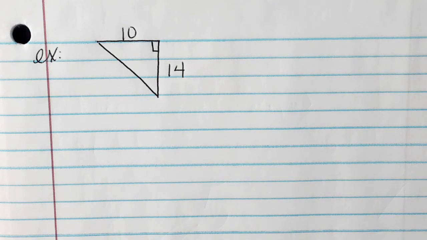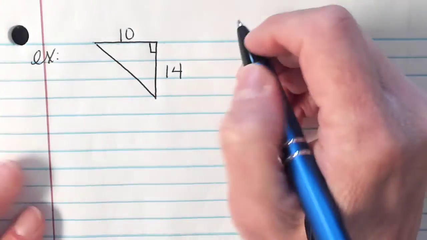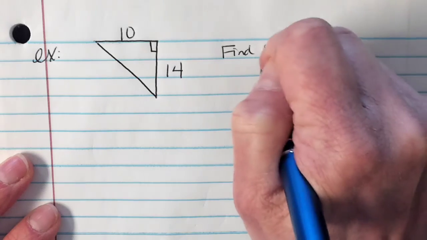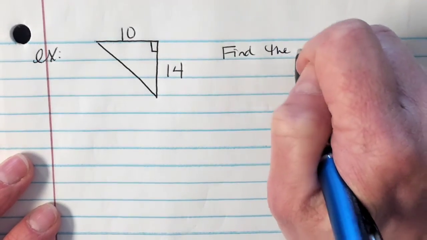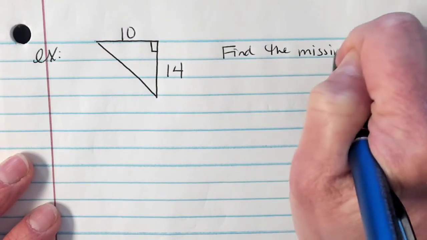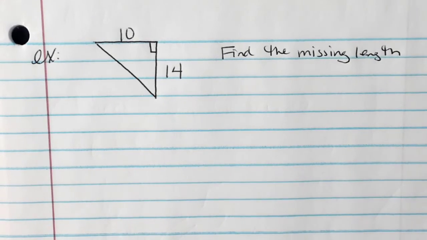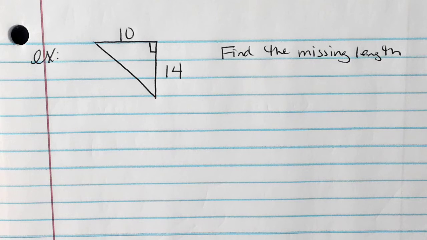Okay, so our directions here are to find the missing length, so find the missing side. But I'm going to add to those directions, which are actually going to change the directions on our assignment.